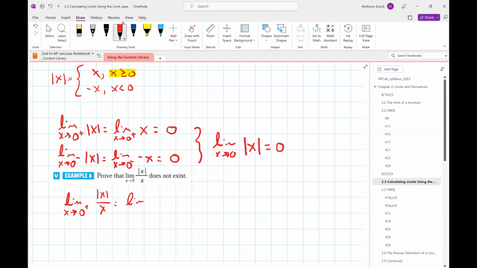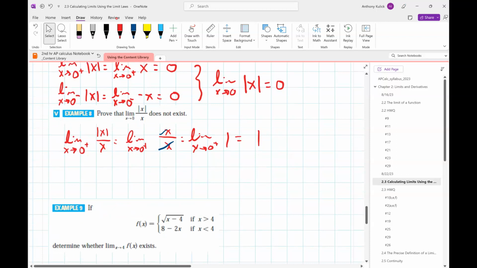That allows me, if I'm approaching from the right, to replace the absolute value of x with just x. And that just is 1. Hopefully everybody can see that. Those reduce to 1, and then the limit of a constant is just a constant.